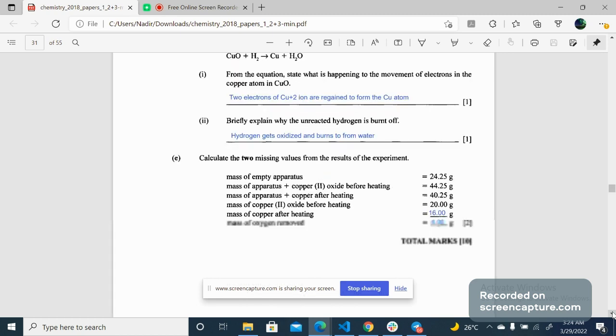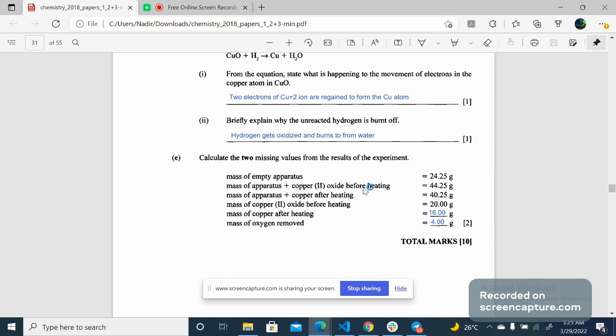Okay. Now we have to see what is in subsection E. Here are some data, and we have been given some values. We have been given the mass of the apparatus, and the mass of the system when the apparatus has some copper 2 oxide, before heating.